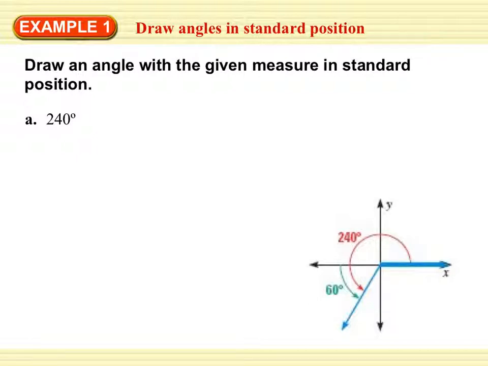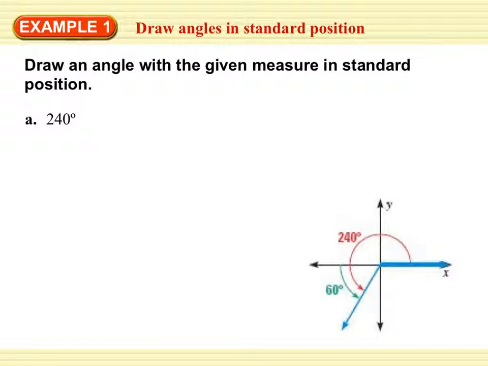All right, so first I have draw an angle with a given measure in standard position. A lot of vocabulary words here. I have standard position, which is different. Let me see, I have a highlighter. I'm going to get yellow. Draw an angle, so standard position.